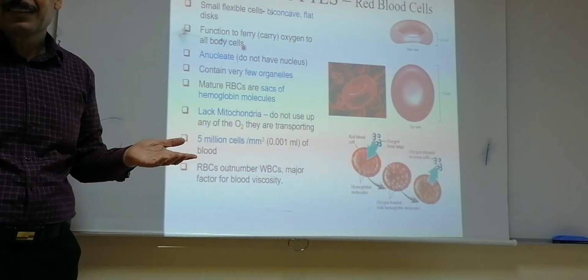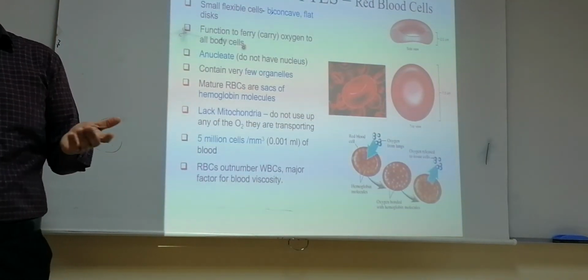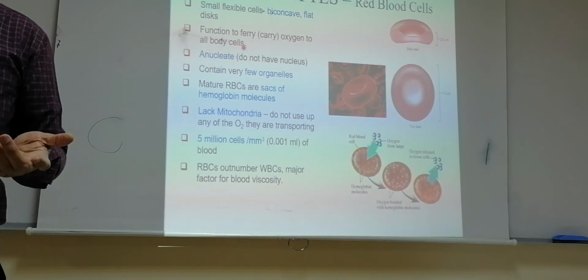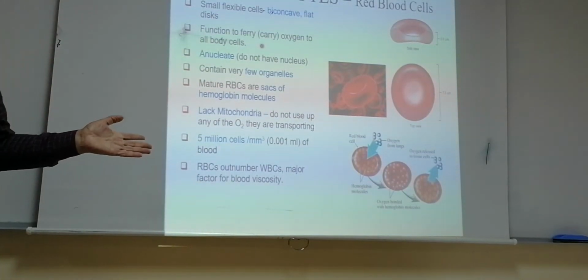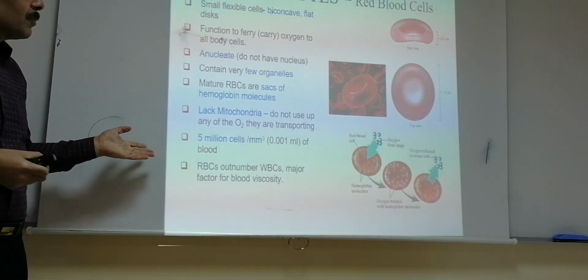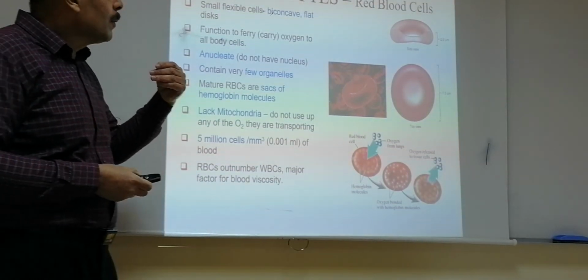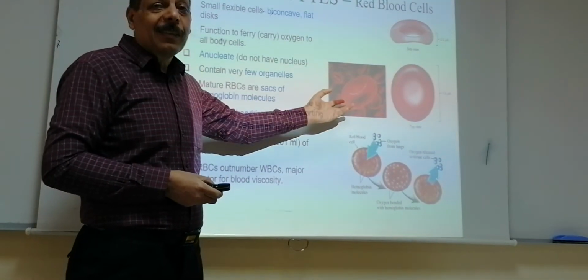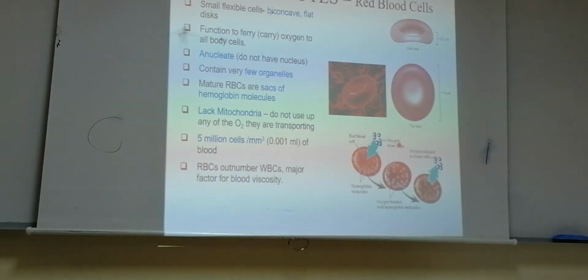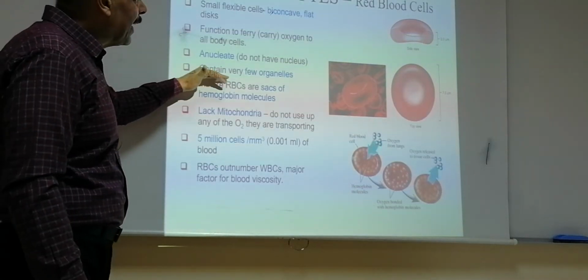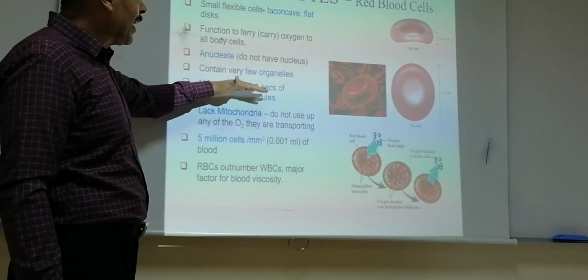It is formed from the mother cell in the bone marrow, but after it is released, it cannot divide. It also doesn't have mitochondria, so it cannot consume oxygen from the oxygen that it's carrying. So it contains very few organelles.